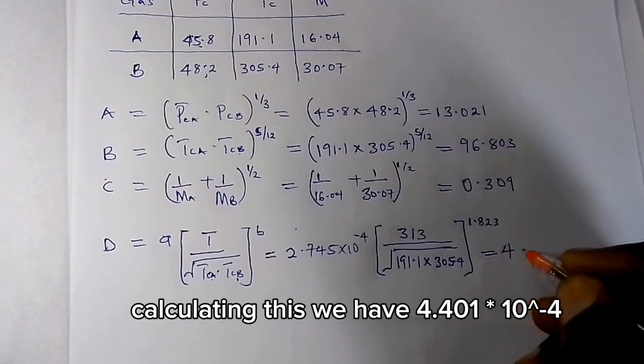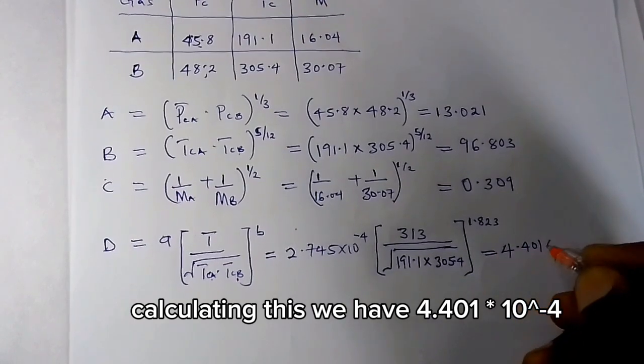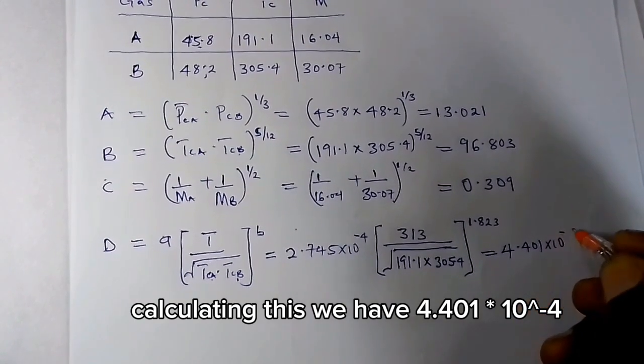Calculating this, we have 4.401 times 10 raised to the power of minus 4.